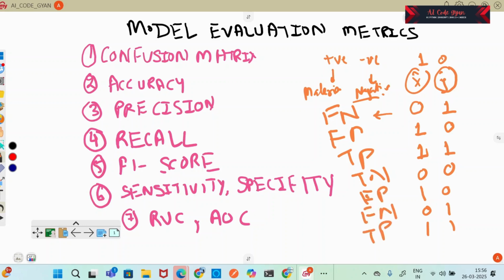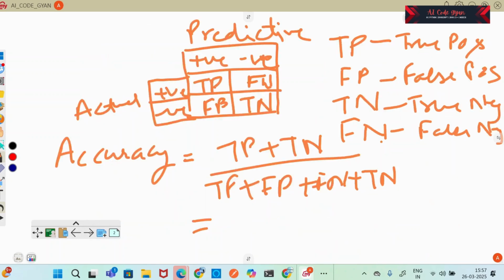So we have 2 true positive samples, 2 false positive, similarly false negative, and 1 true negative.